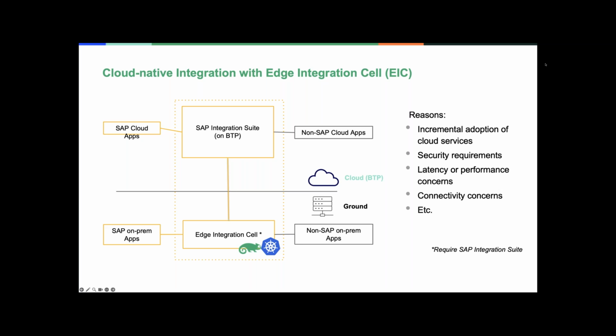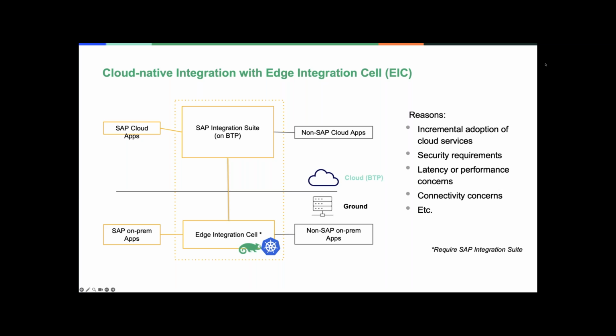Basically the premise behind Edge Integration Cell is that it's a hybrid integration runtime environment that does run in a container. In general, there's no reason why companies can't pull data from the cloud into their private landscape, but they can't do the opposite. There could be some data that they can't put into the cloud for regulatory or security purposes.